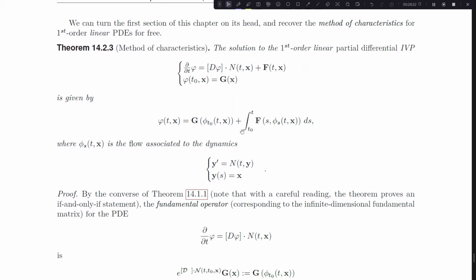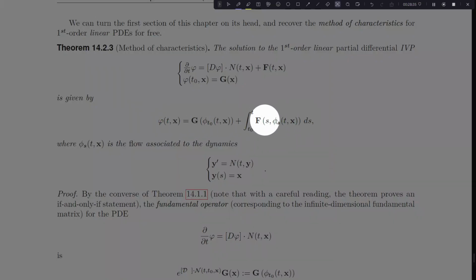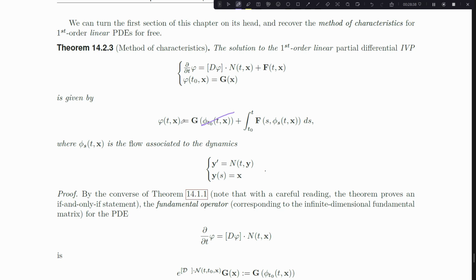And so we get that the solution, this looks like the Duhamel's solution. It would be Duhamel's if I put my exponentials out front here and kept this as an x, and put my exponential there with Duhamel's. But I can reinterpret the exponentials as flow maps because of the Lie series idea. And so these flows, phi sub t0 and phi sub s, are actually the solutions to the dynamics given here. So all I need to do is solve.